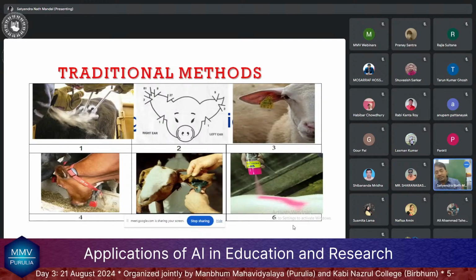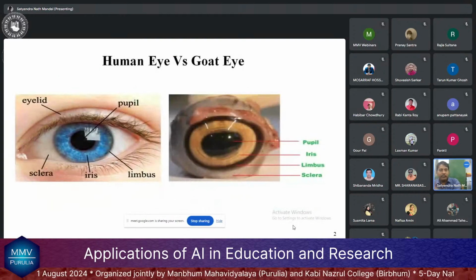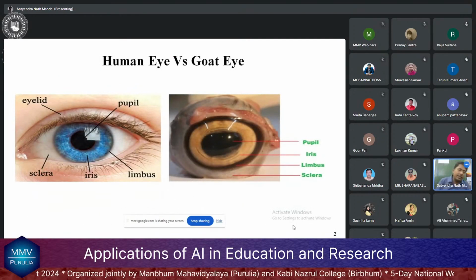Then what do we do? First, this is our first development. We tested all their traits. Trait means the organ. First we look at whether their eye is unique or not. Then we check whether their ear is unique or not.